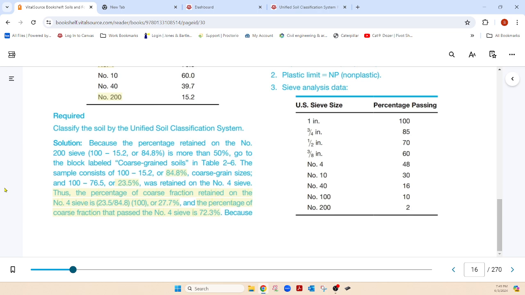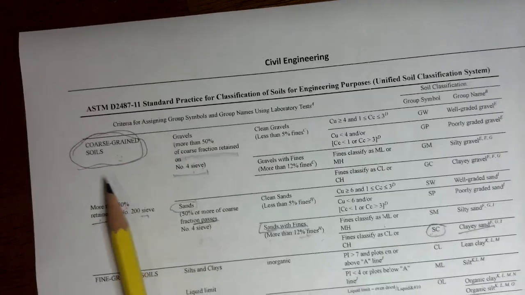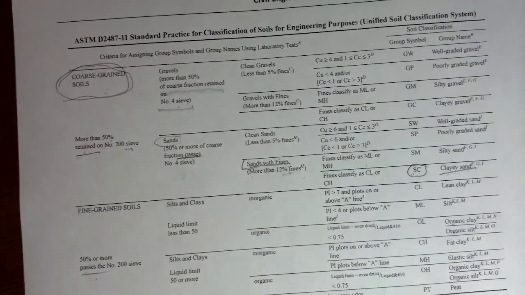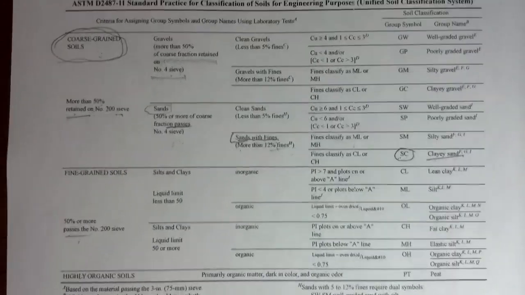Let me flip over to the other screen so we can see it. This is where it told us to go. Here's the whole shebang for the Unified Soil Classification System.